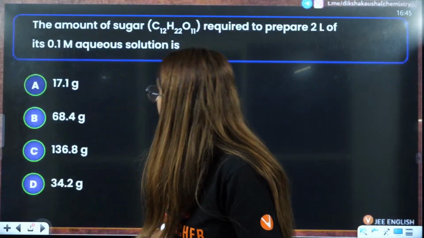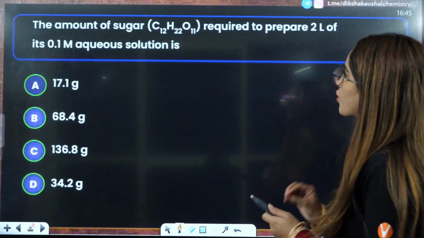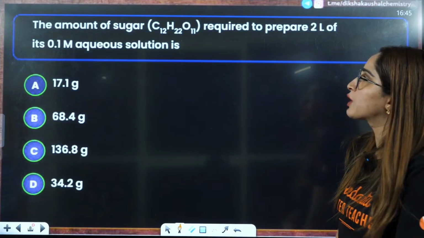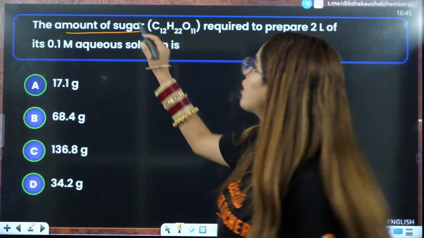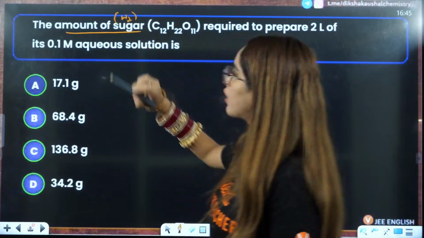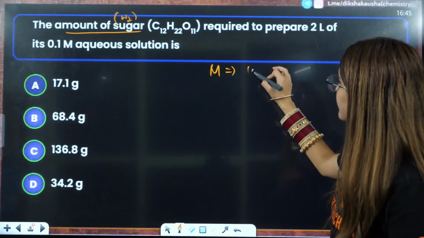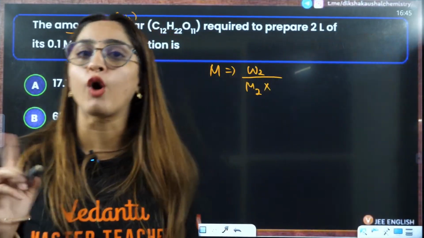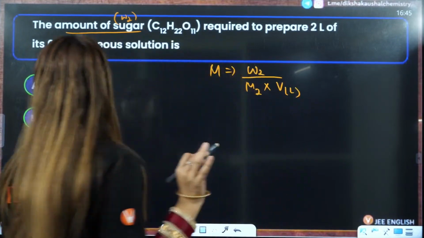Next question is the amount of sugar required to prepare 2 liters of 0.1 molar aqueous solution. Now they are asking you the amount of sugar, that is your W2, weight of solute. We know that molarity is equal to number of moles of solute, that is W2 by M2, divided by volume in liters.